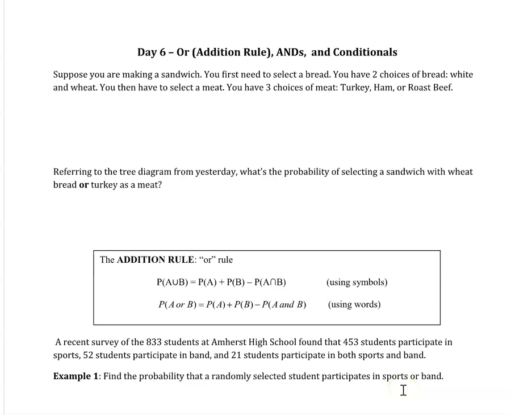Today we're going to talk about the OR rule and mix in some probabilities about and some conditionals. So I'm going to bring it back to our tree diagram from last lesson where you're making a sandwich. Remember, you had 2 choices of bread, white or wheat, and then you had to select a meat and you had 3 choices, turkey, ham, or roast beef.